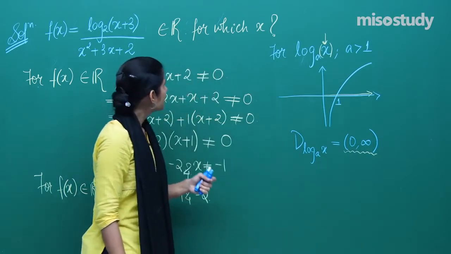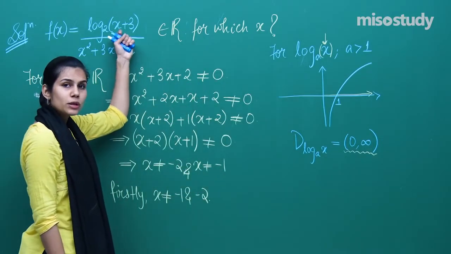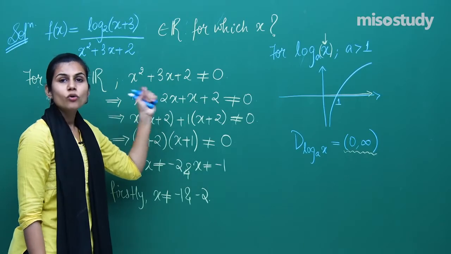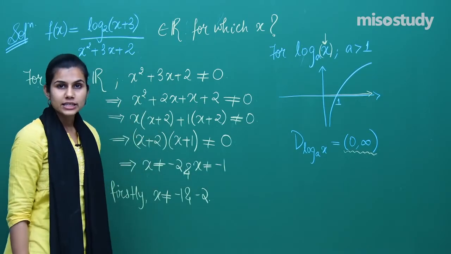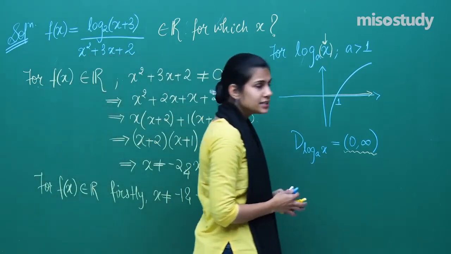That means log of (x plus 3) to the base 2 is defined only when x plus 3 belongs to the interval (0, infinity). That is what I will write now.